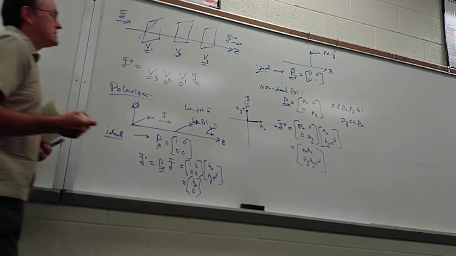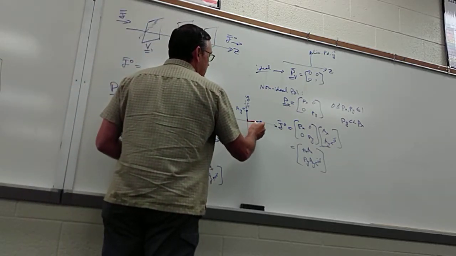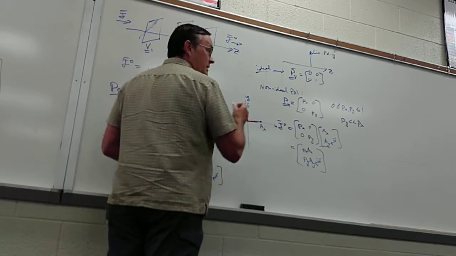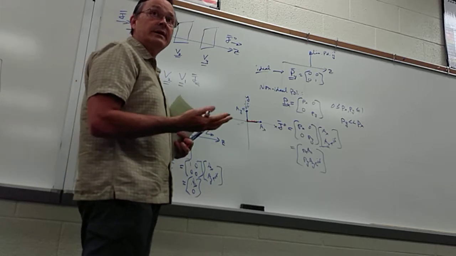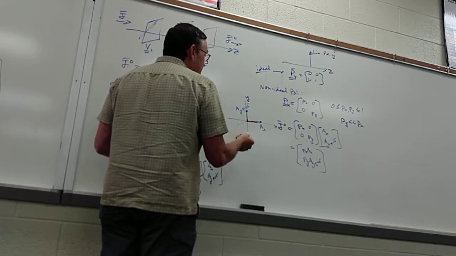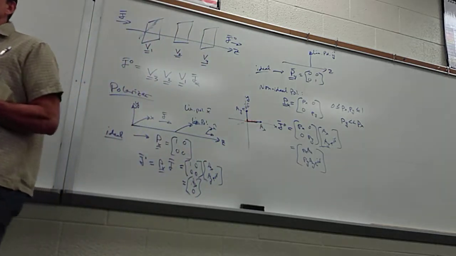We don't know that it's a skinny ellipse with a semi-major axis here. It could be a skinny ellipse about that axis. It all depends on what delta is. If delta is pi halves or negative pi halves, then yeah, it'll be about this axis. But if it isn't, then there's going to be some rotation angle. But it'll be really small.